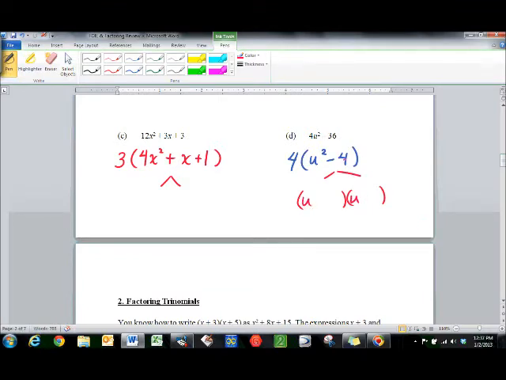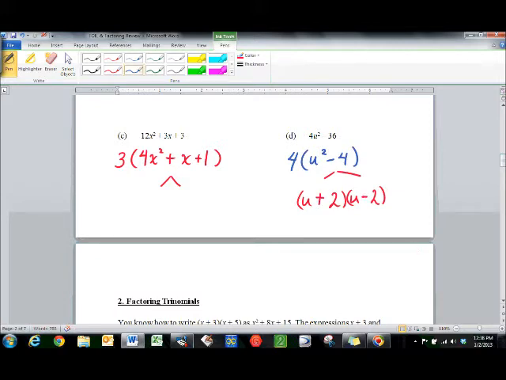Then 4 can be broken up into 2 and 2. And since there's a negative between them, we have a difference of two perfect squares, which means we're left with a positive and a negative version.